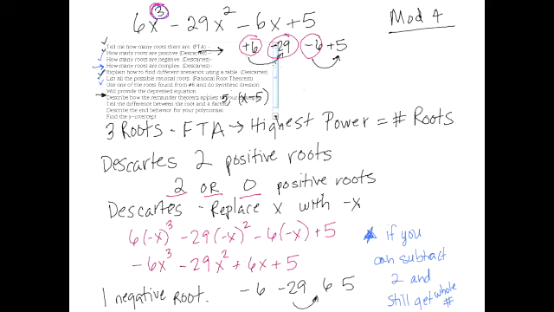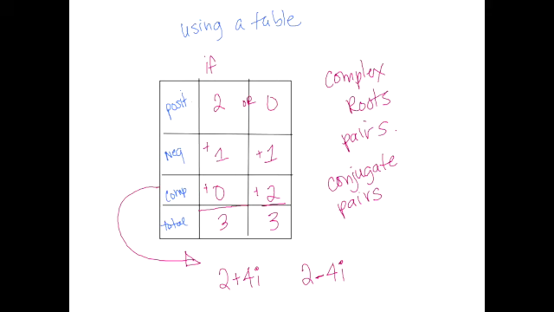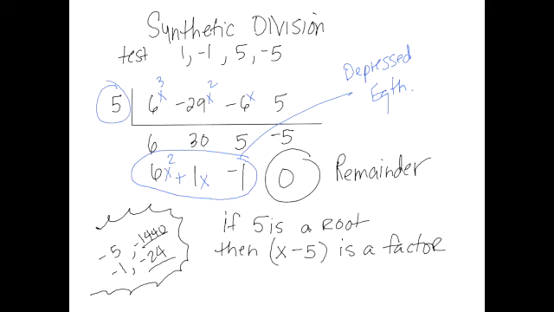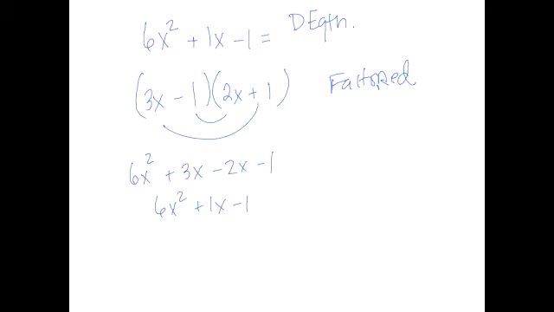And then it says describe how the remainder theorem applies to your example, because the root that we picked, which was 5, and we tested it, we got a remainder of 0, that meant that x minus 5 was a factor. So actually, I can list out now all of the factors. x minus 5, 3x minus 1, and 2x plus 1. These are all of the factors.